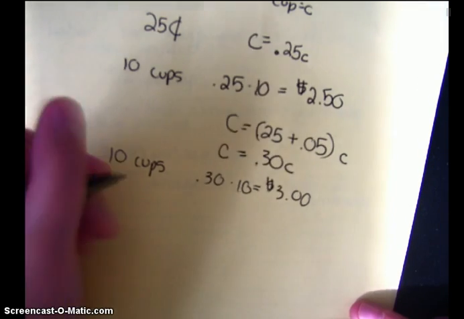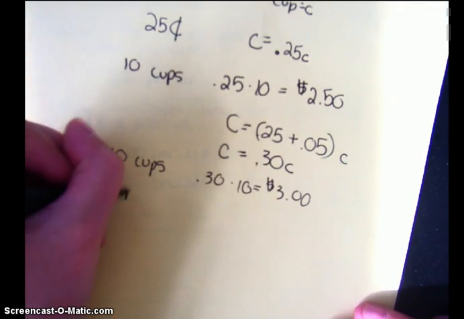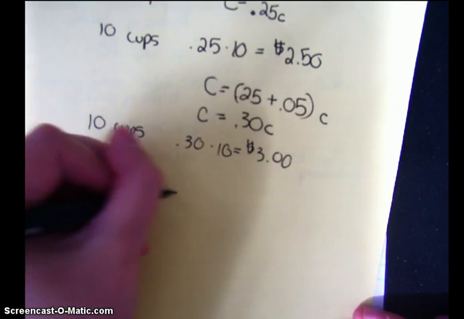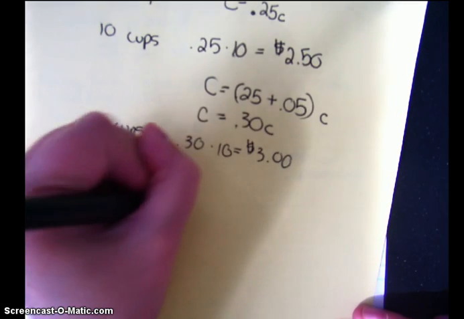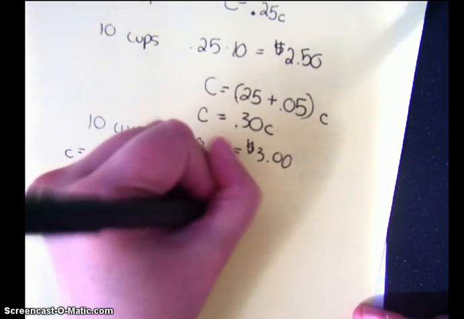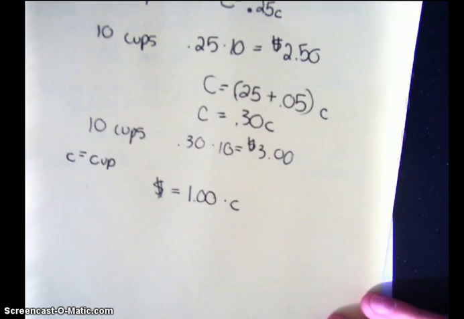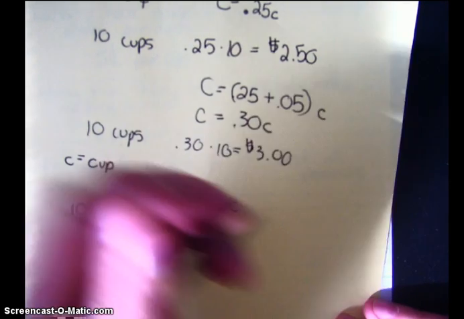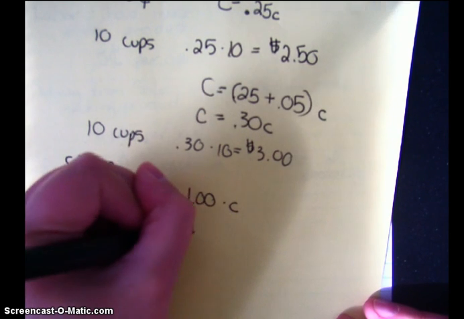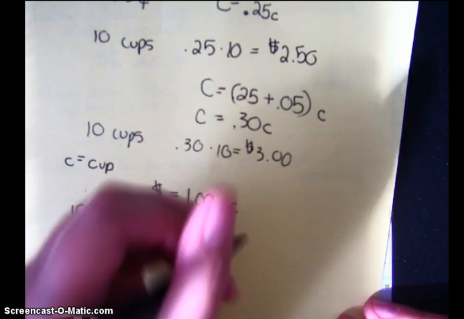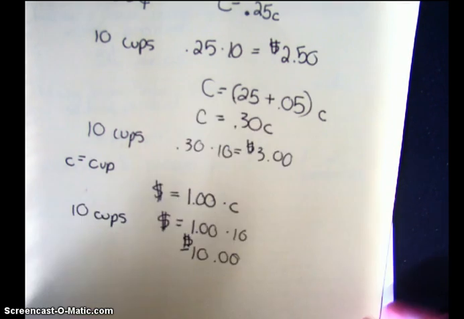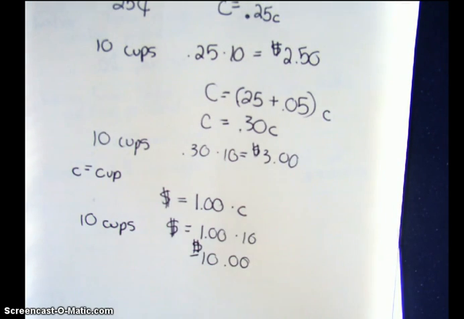So if we're selling each cup for $1, our money equation is going to say that $1 times number of cups will tell us how much we made. So if we sell 10 cups that we made, then we are going to make $1 times 10, which is $10. We will make $10, okay? That's how much money we're bringing in.